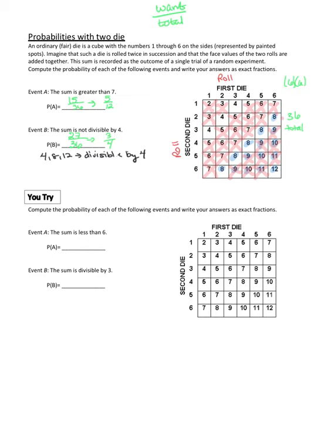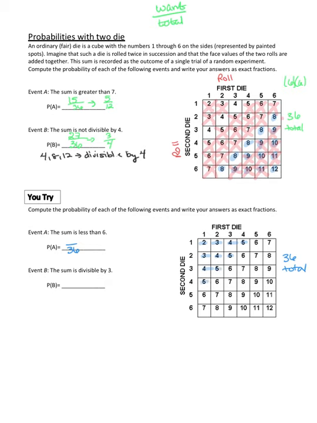All right. We still have 36 total outcomes. That doesn't change. So something over 36. I want the sum is less than 6. Less than 6. Not less than or equal to, but less than 6. Okay. That's 2, 3, 4, and 5.